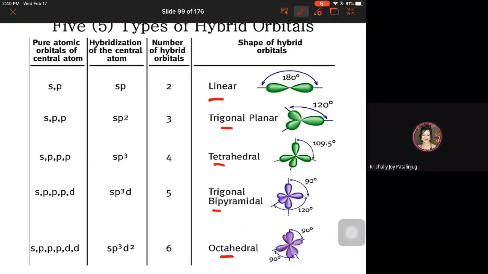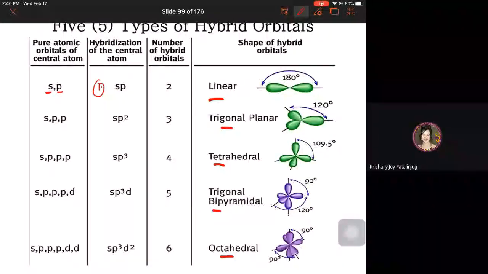Alright? So, yung 5 hybrid orbitals na yon, una, we have sp. Ibig sabihin, we mixed isang s and isang p pure atomic orbital ng central atom. Since dalawa yung na-mix mo from the pure atomic orbitals, that is equivalent to 2 hybrid orbitals.